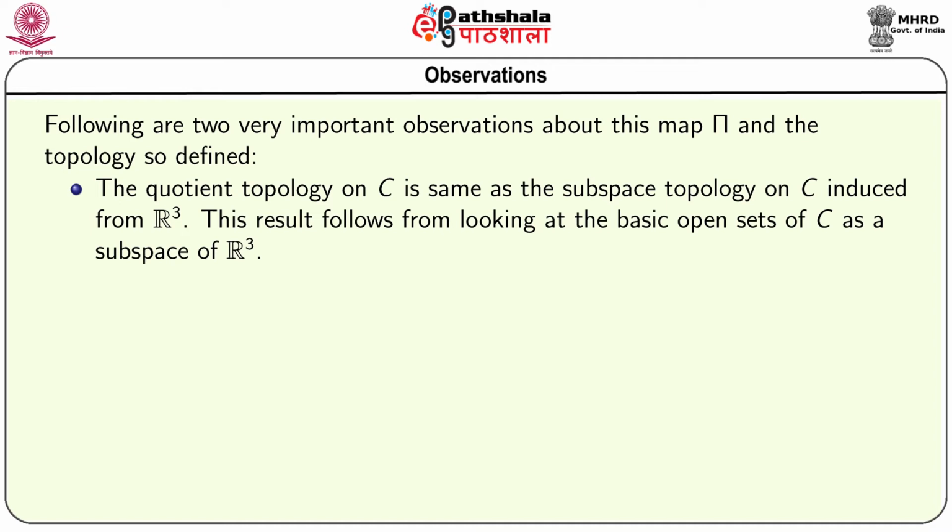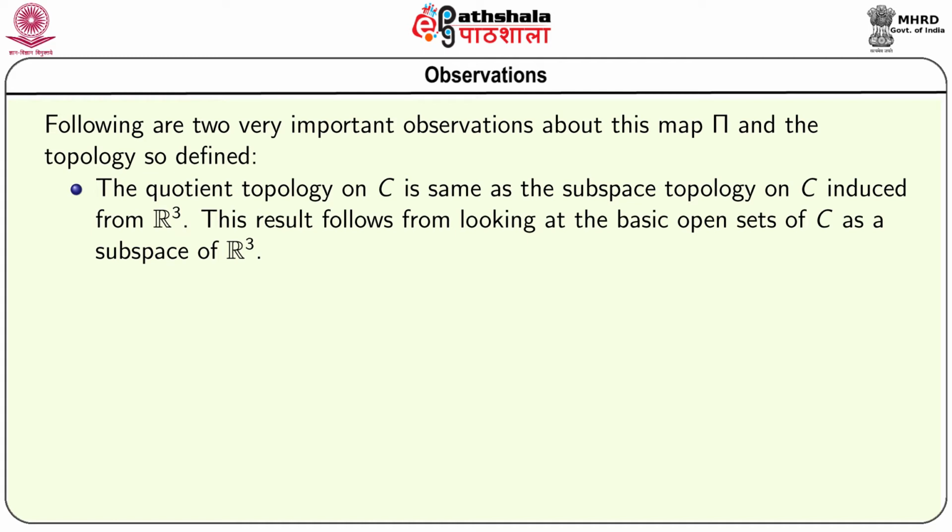First of all, the quotient topology on C is the same as the subspace topology on C induced from R3. This result follows from looking at the basic open sets of C as a subspace of R3.